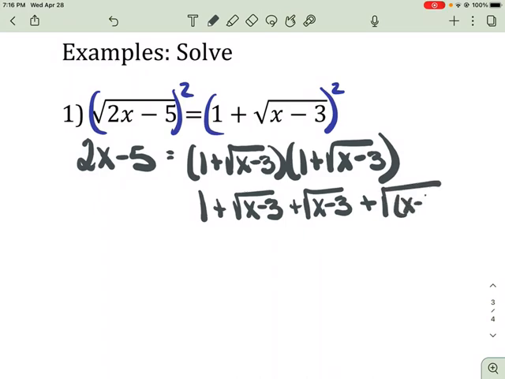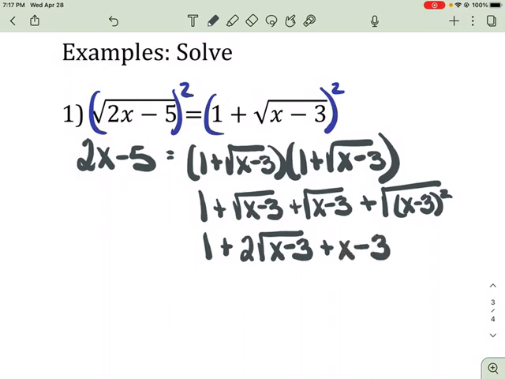I'm not going to multiply that out, but there's two of them, so squared. So I have 1 plus 2 square roots of x minus 3. This guy here, when you square a square root, isn't that just what's underneath? So yeah, we still have this 2x minus 5 here.